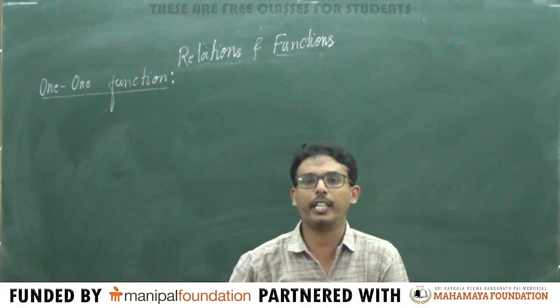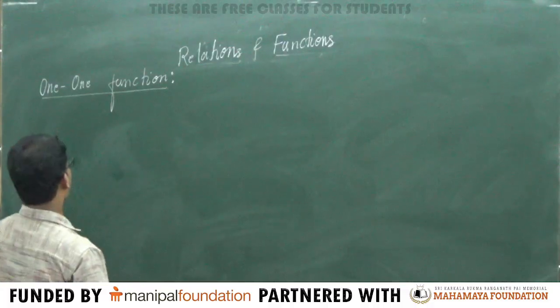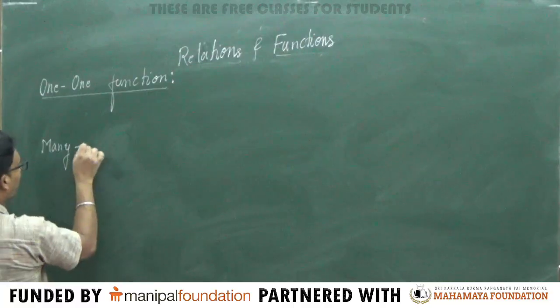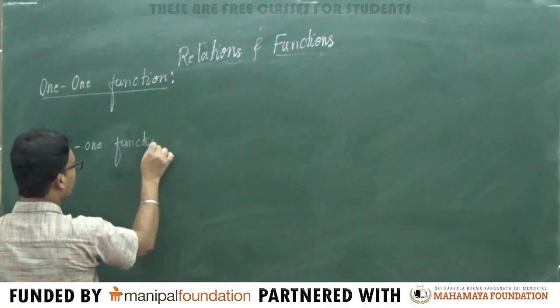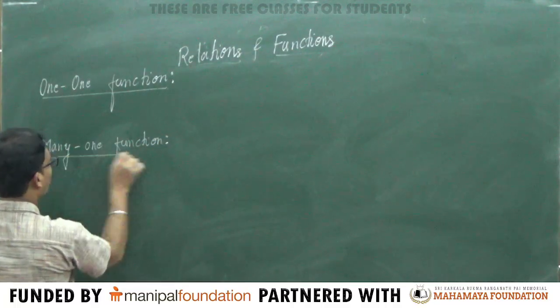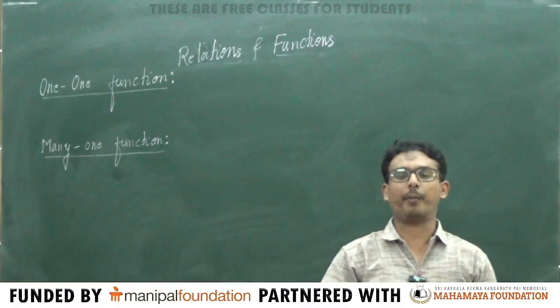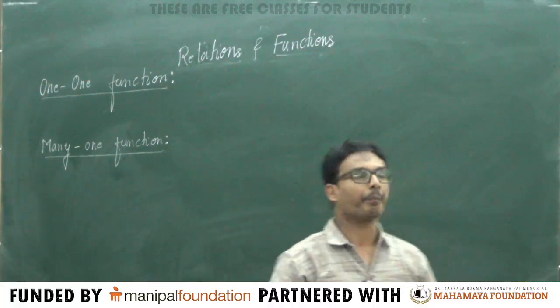Then that function is called a one-one function. If the function is not one-one, then that is called a many-one function. Many-one function means distinct elements of the domain set have the same image.